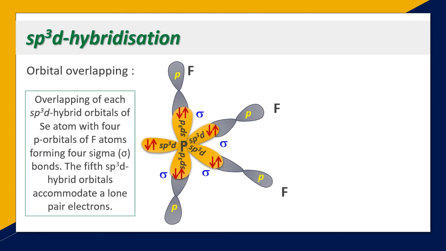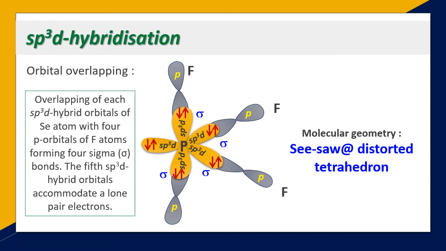Overlapping of each sp³d hybrid orbital of the selenium atom with 4 p orbitals of fluorine atoms forms 4 sigma bonds. The 5th sp³d hybrid orbital accommodates a lone pair of electrons. The molecular geometry is seesaw, or the distorted tetrahedron, with bond angles less than 90 degrees and less than 120 degrees.